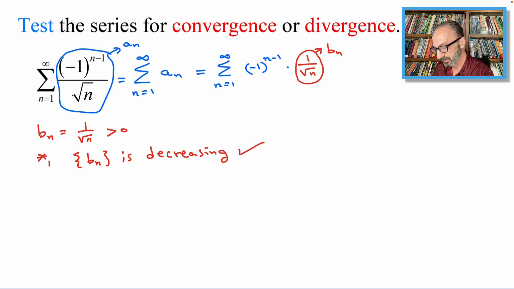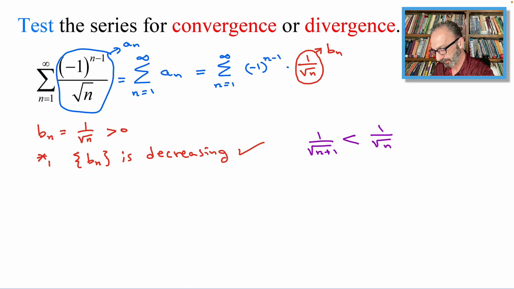We know that 1 over square root of n plus 1 is less than 1 over square root of n for all n. The first denominator is greater than the second denominator, so the fraction is smaller.